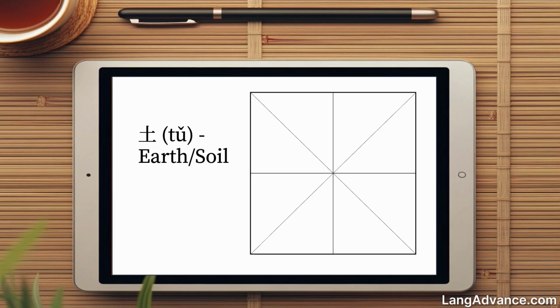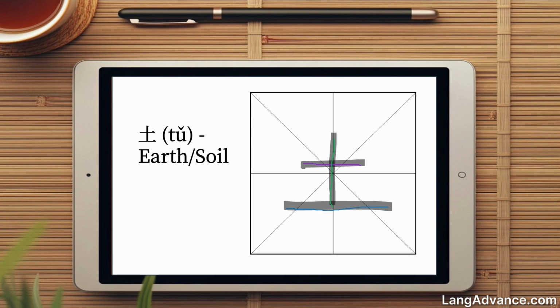We write across and end off with a large horizontal line. A few tips: the top horizontal line is always shorter than the bottom one, because we end it with a high note.